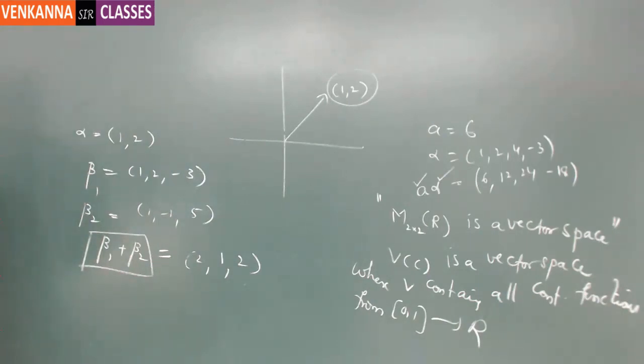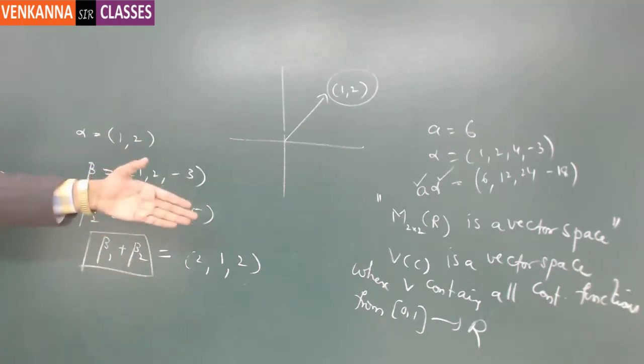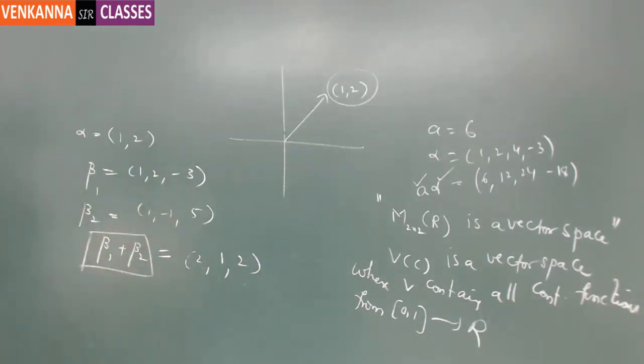So scalars are nothing but complex numbers. And in the set V, I am taking all continuous functions from the closed interval 0, 1 to R. Usually, while dealing with vector space problems, we stick to these vectors, the numbers concept only. Occasionally, we do some problems based on matrices, functions, polynomials, etc. So this is the context of vector spaces, the definition part. Is that clear, or do you have any confusion with regard to the definition?